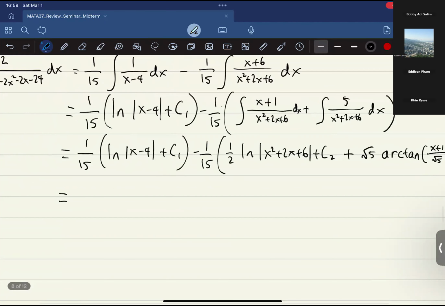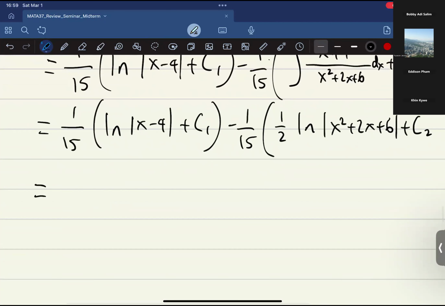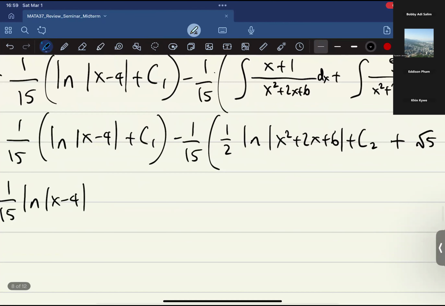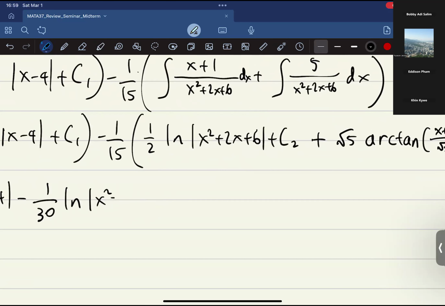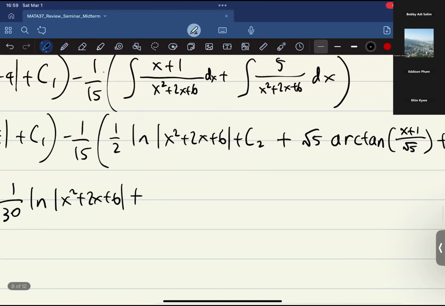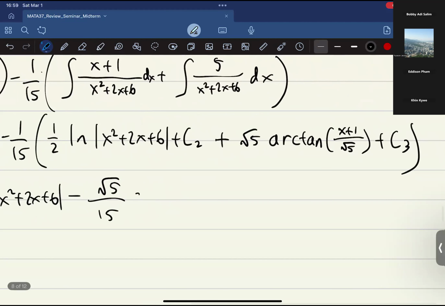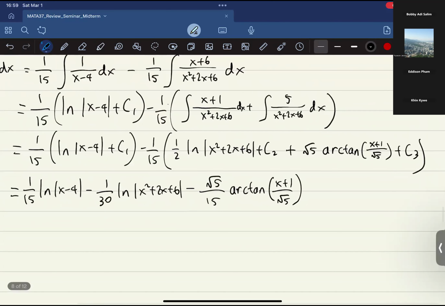And yeah, we're almost done. We just need to simplify this term. And let's just group the constants at the end here.